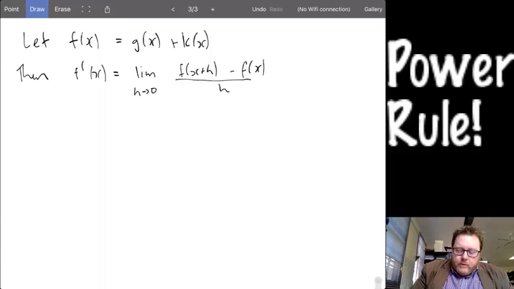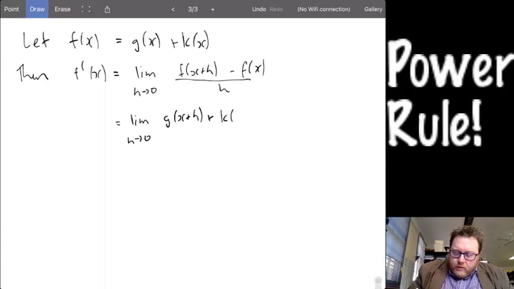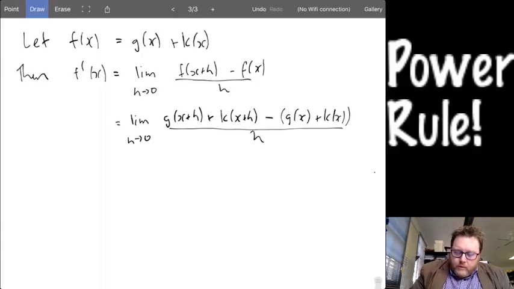But now I'm going to substitute in. We know that f of x equals g of x plus k of x. So what does f of x plus h look like? Well, it's the limit as h approaches 0 of g of x plus h plus k of x plus h minus, and what's f of x? It's g of x plus k of x, all over h.